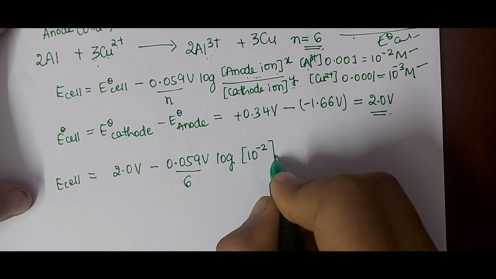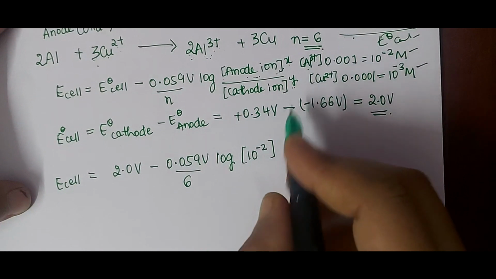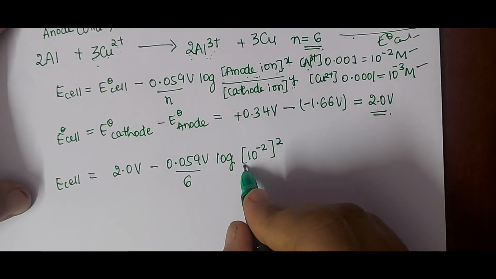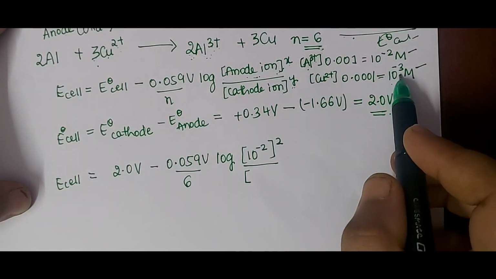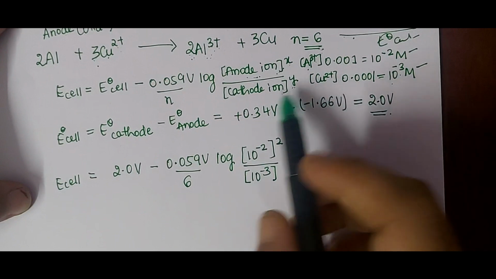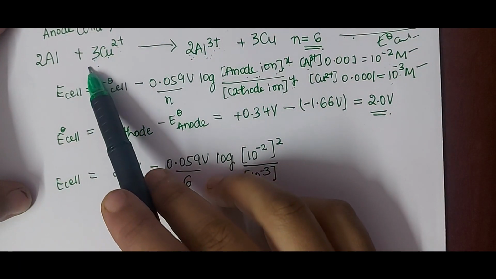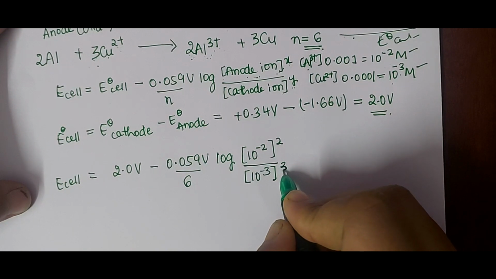And here the number of moles of anode ion in the balanced chemical equation is 2. So 10 to the power minus 2 raised to 2, divided by the cathode ion. What concentration is given for the cathode ion? 10 to the power minus 3 raised to the power y. How many moles are in the balanced equation? 3. So 10 to the power minus 3 raised to 3.